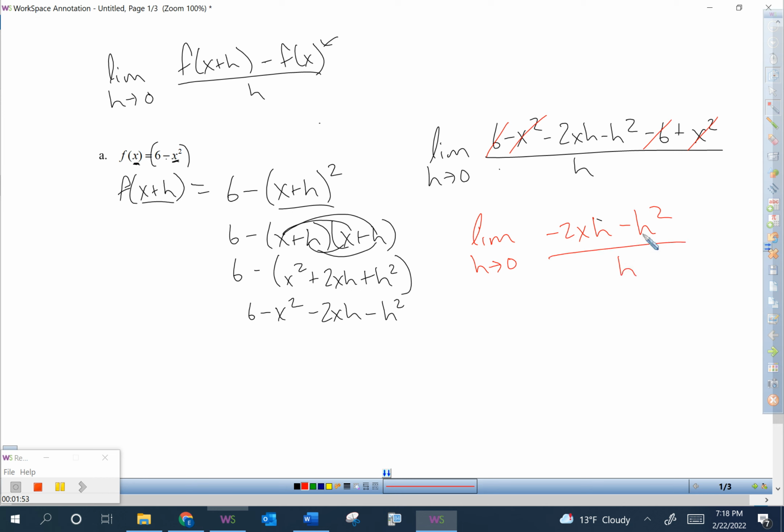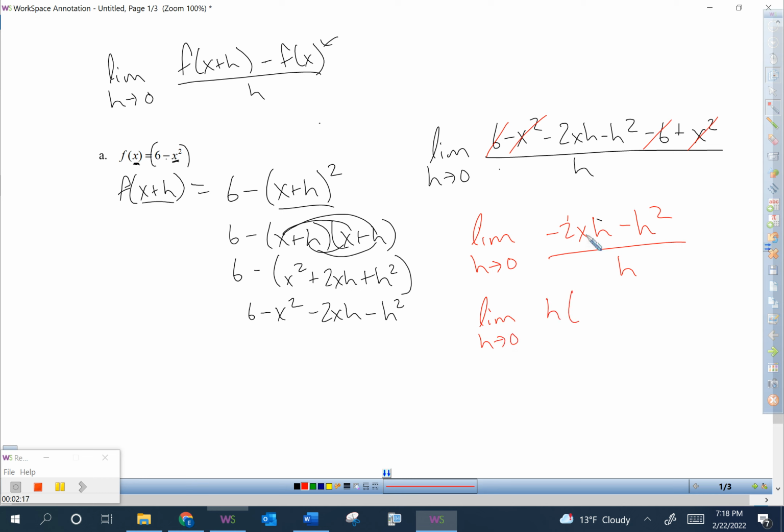Because of our h in the denominator right now, we can't use direct substitution because that would be dividing by 0. We've got to have that h cancel out somewhere. So it's really important that we see an h in everything on the top in order for that cancellation to happen. So because there's an h in both terms, our next step is to just factor it out. Okay, so that looks like h comes out.